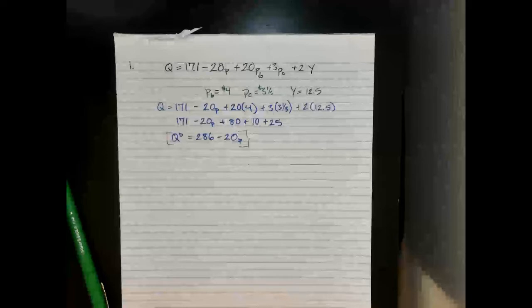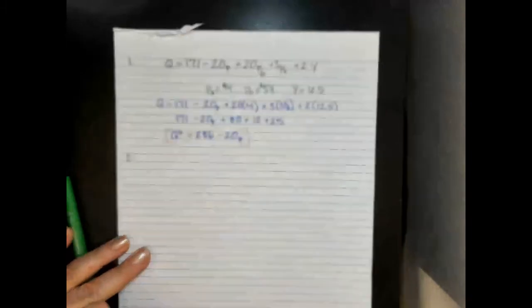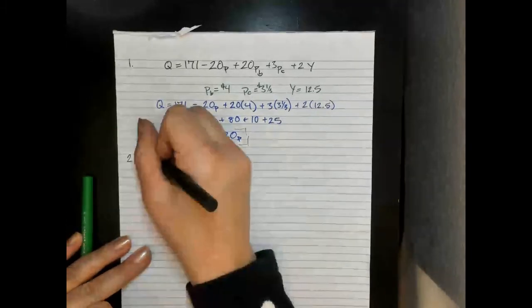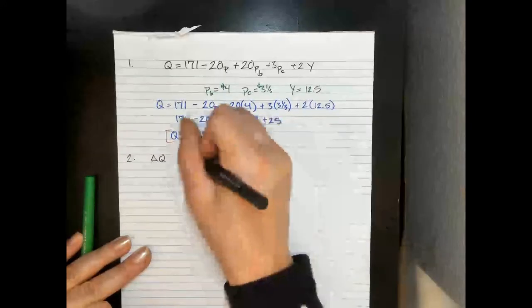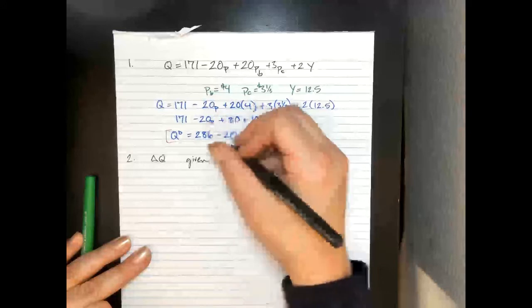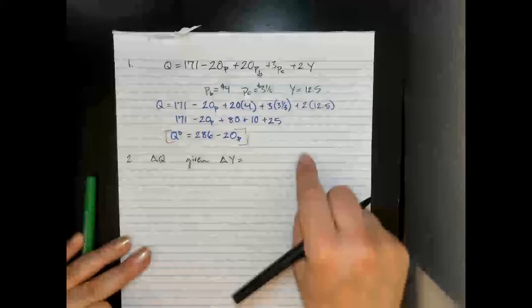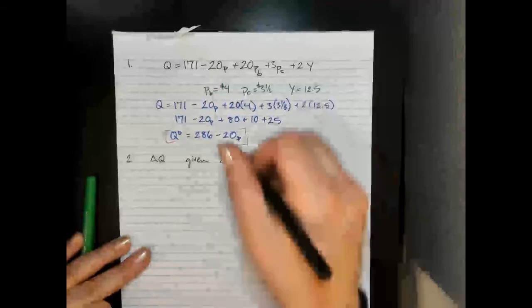Now, using this estimated demand function, part 2 says, show how the quantity demanded at a given price changes as per capita income increases. So we want to find the change in quantity demanded given the change in income is $100. And remember, if this is in thousands of dollars, $100 is going to be a 0.1 increase.